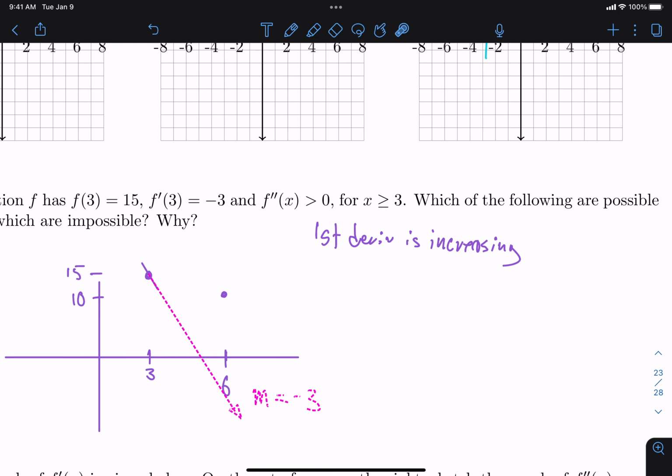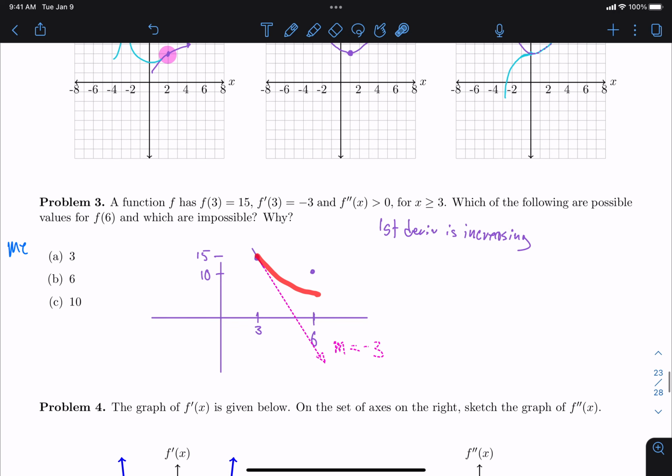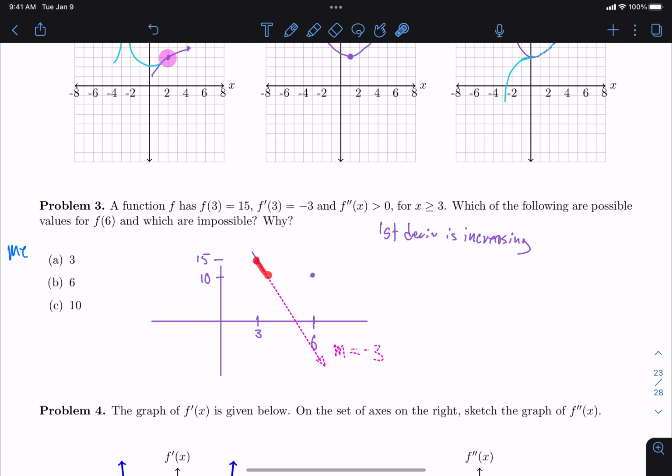In order for me to be concave up, I have to be bending away from this line. So any points which lie underneath this line are impossible for the function to attain, because it cannot decrease faster than f prime of 3 equals -3. It can't decrease faster because the first derivative is increasing, not decreasing.